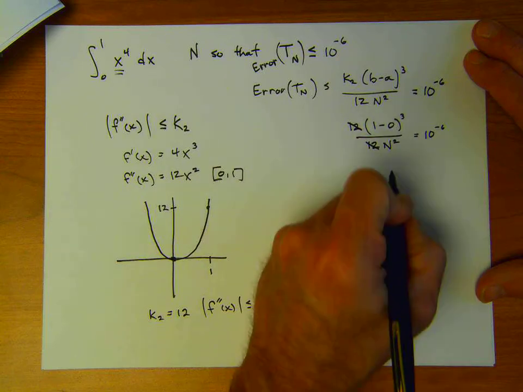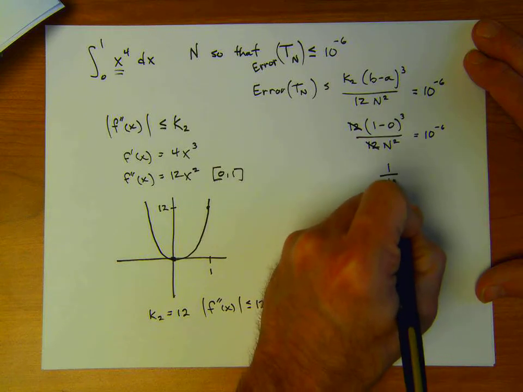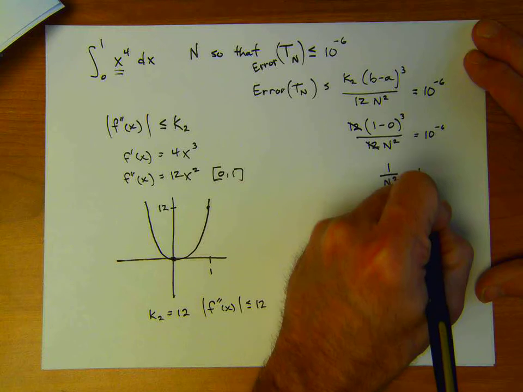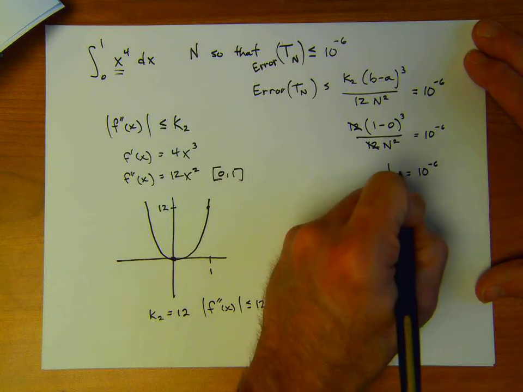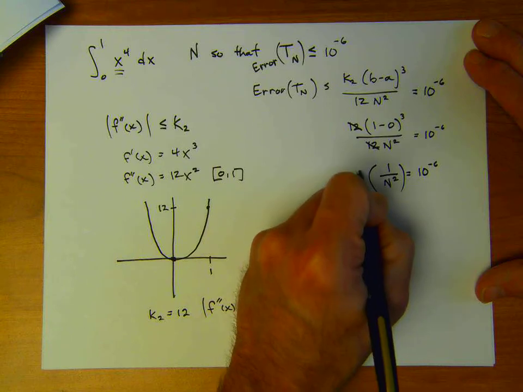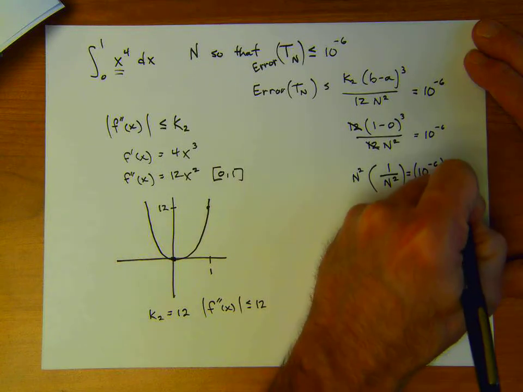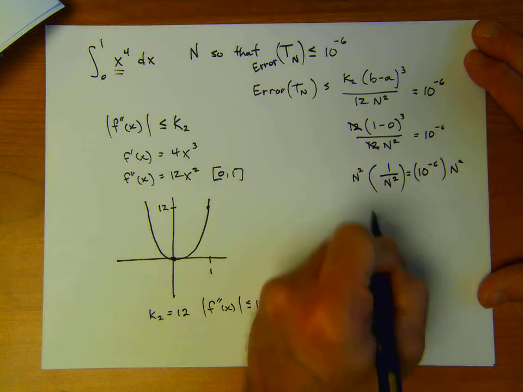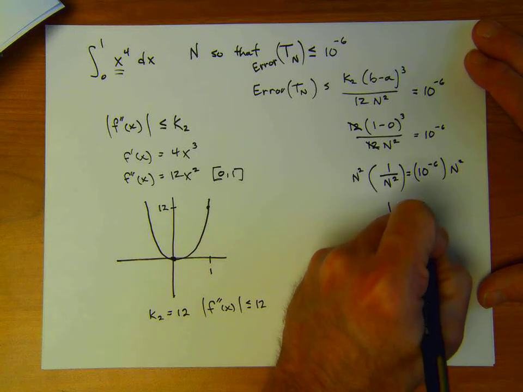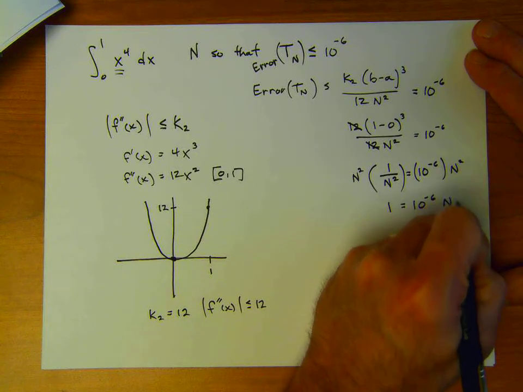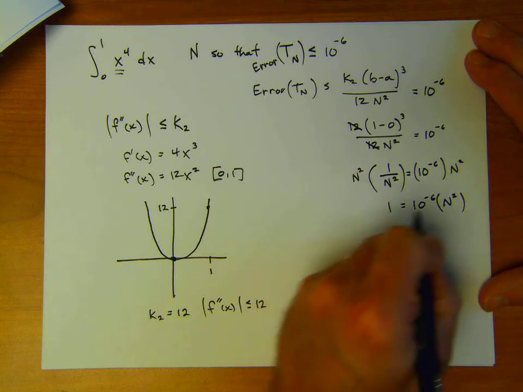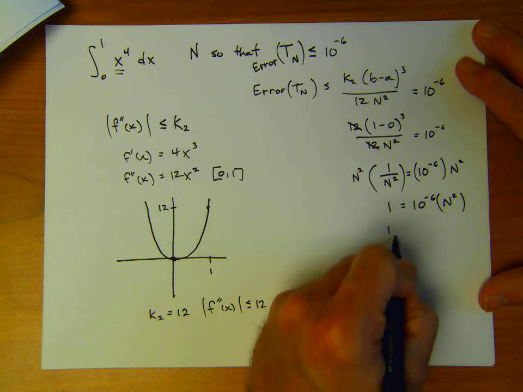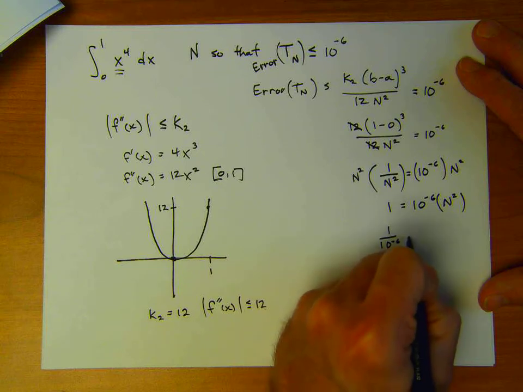That's just 1, so I have 1 over n squared equals 10 to the negative 6, and I want to solve for n, so let's multiply both sides by n squared. So now I get 1 equals 10 to the negative 6 times n squared. And then I can divide both sides by 10 to the negative 6. So I have 1 over 10 to the negative 6 equals n squared.